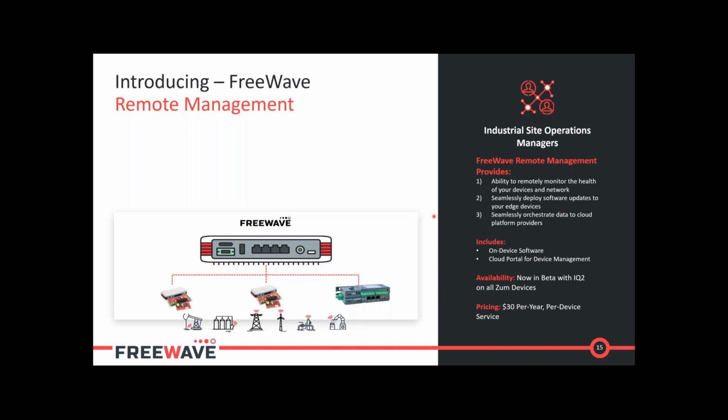So we now have the ability to remotely monitor the health of your devices and get heartbeat reports on how they're doing, what the processor usage is, what the memory usage is, how much storage space is left on them, as well as use that heartbeat as a timer for them to report in. It also adds easier deployments and updates of software to your edge devices and adds the ability to send data to the cloud platform of your choice. So this includes both software running on the device and a cloud portal.